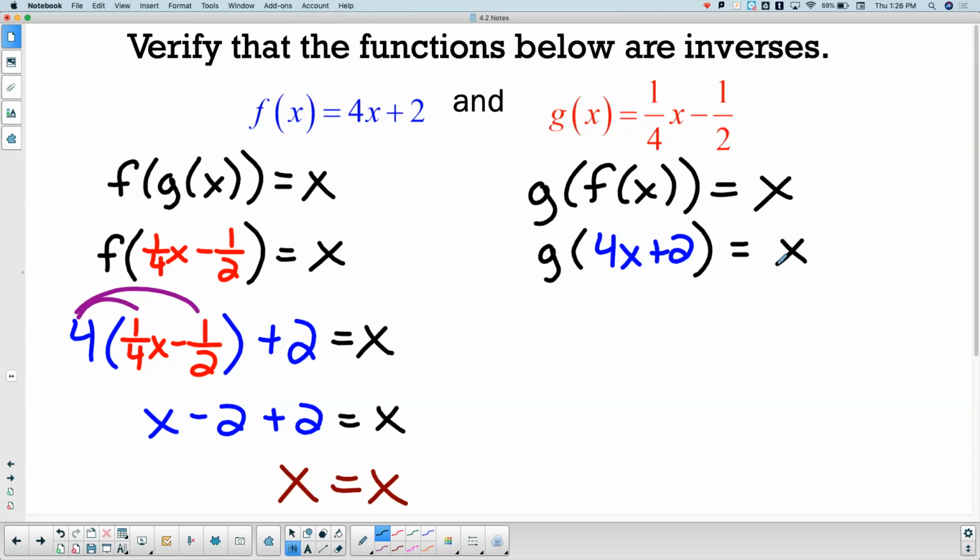I put 4x plus 2 anywhere there was an x in g.